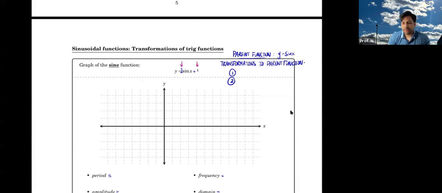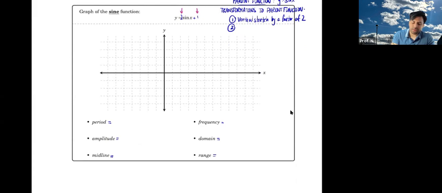What kind of transformation? Is it a vertical stretch? Is it a vertical shift? It's a vertical stretch, right? So I'm applying a vertical stretch by a factor of 2. So I'm stretching it by a factor of 2. Now, what is that 2 going to affect? Out of these different characteristics that we have, what is the vertical stretch going to affect or change?